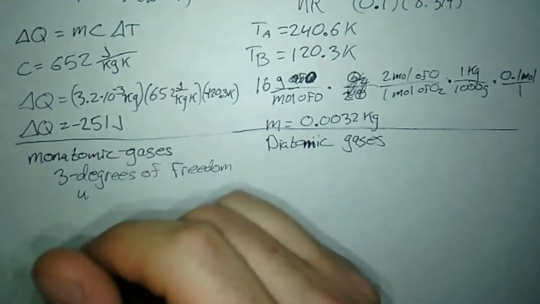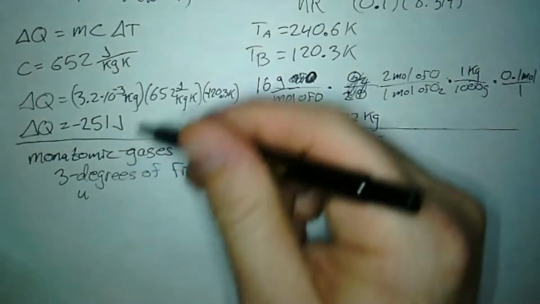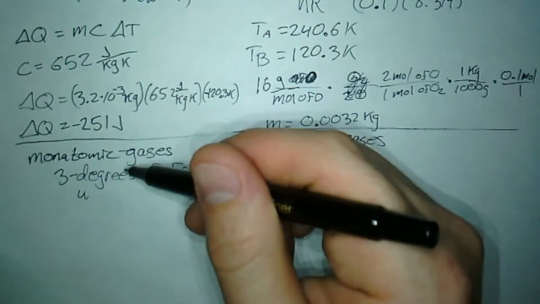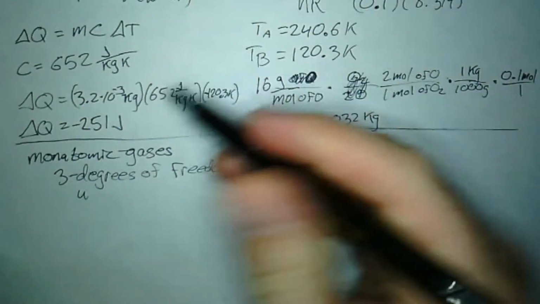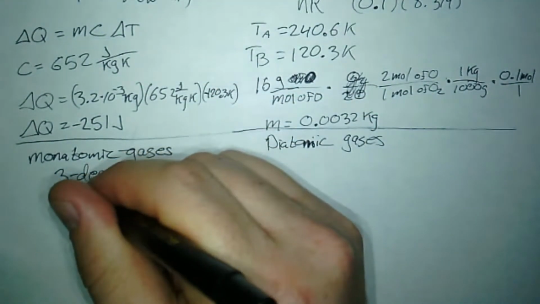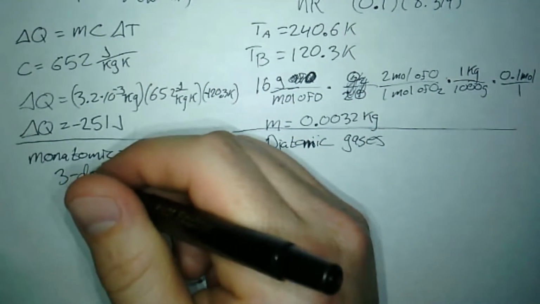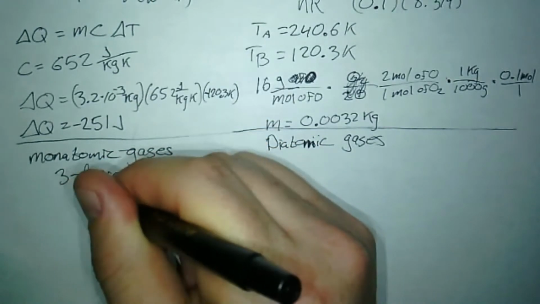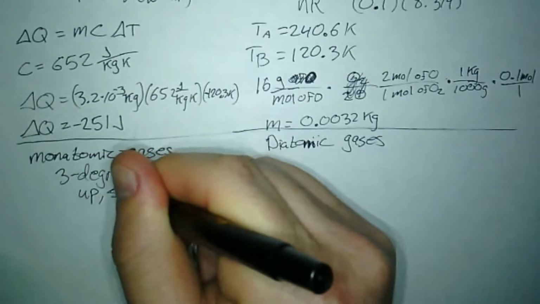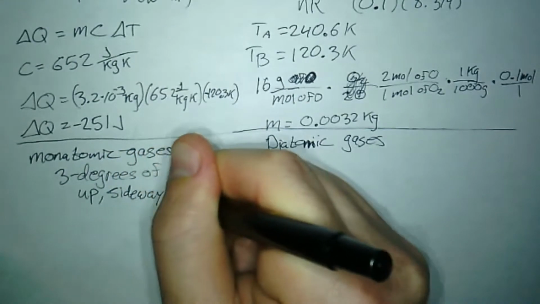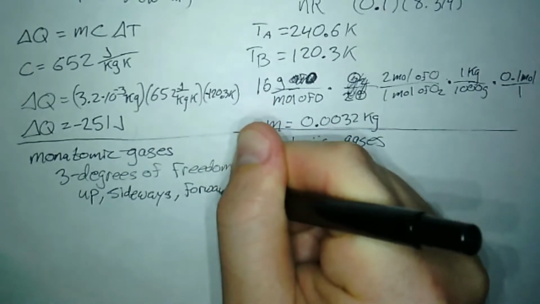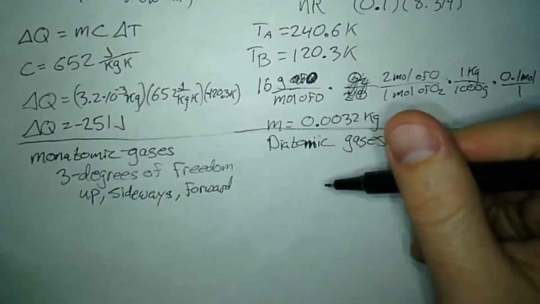It can go this way, that's 1 degree, forward or backward this way. It can go this way, that's another degree, or it can go this way, that's another degree. That's about all it can do. Forward, sideways, up. And you can go negative in any of those directions.